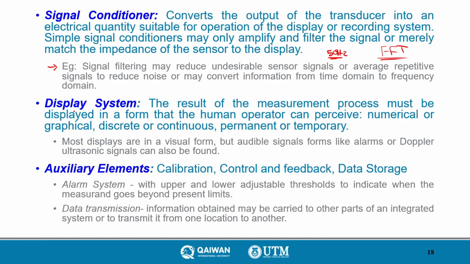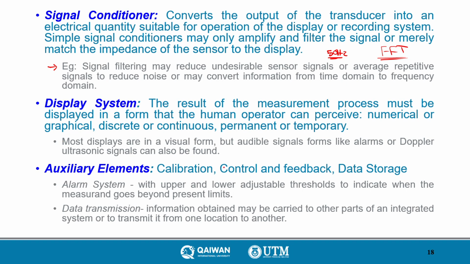The display system: the result of the measurement process must be displayed in a form that the human operator can perceive: numerical, graphical, discrete, continuous, permanent, or temporary.